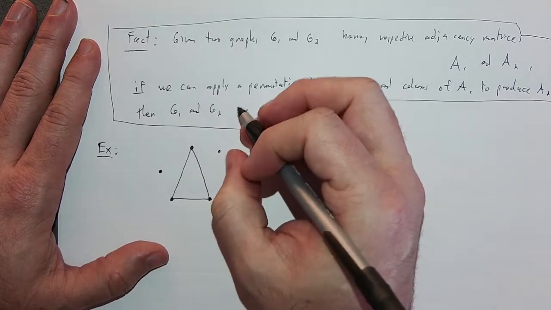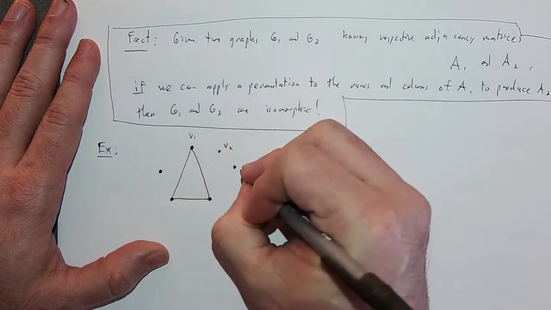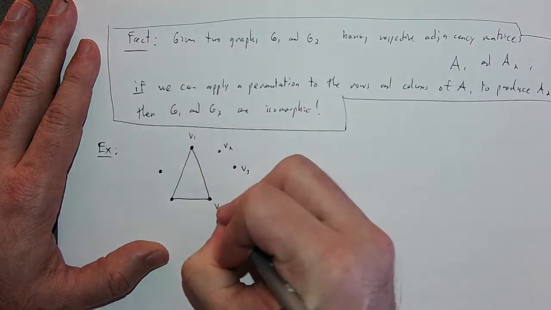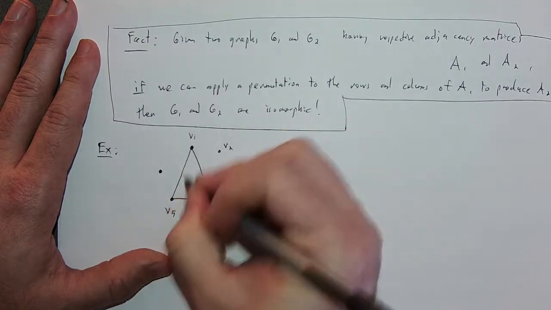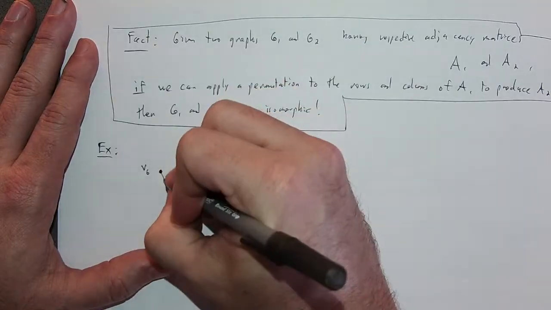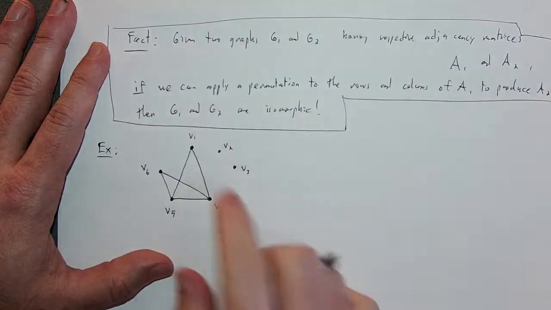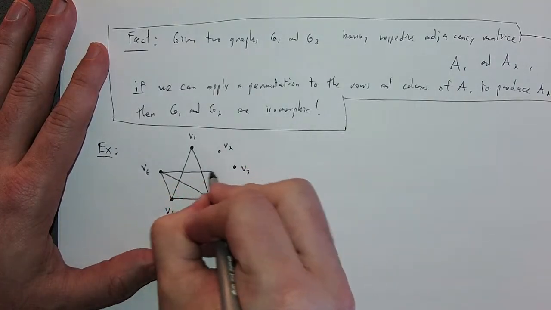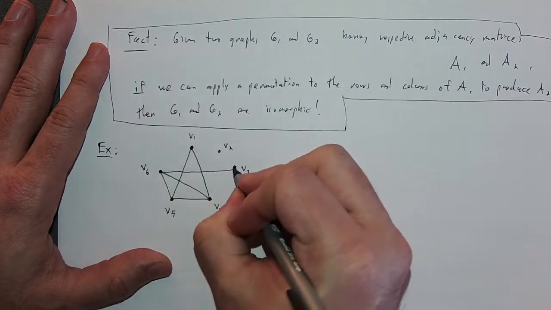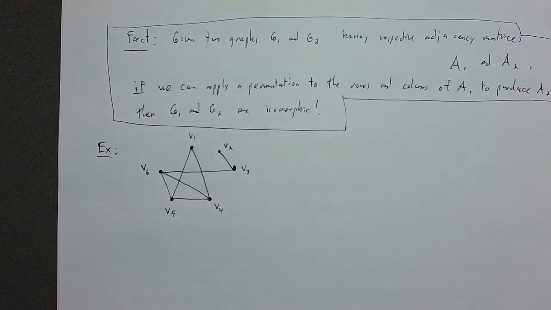And the way that the labeling of the vertices was, starting here and going clockwise, V1, V2, V3, V4, V5, and V6. And I'm going to finish my connections here. So here, here, I think I was missing that edge yesterday. Here, and here. Okay.